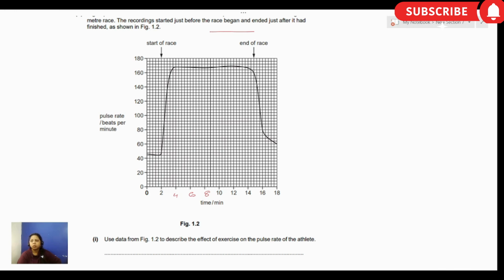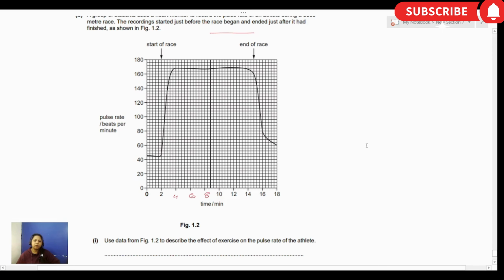So you need to give the value. Let's say the pulse rate is 44 or 46. And you need to mention the unit as well. So the unit would be beats per minute.